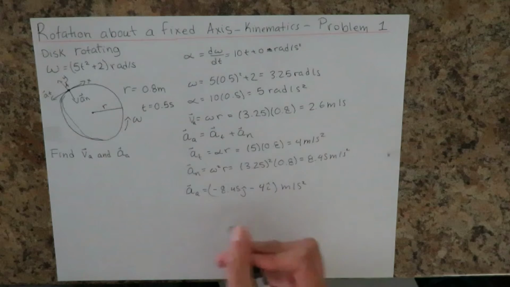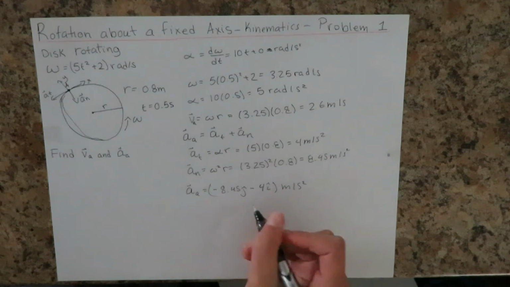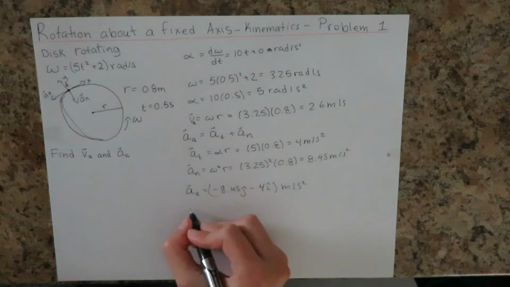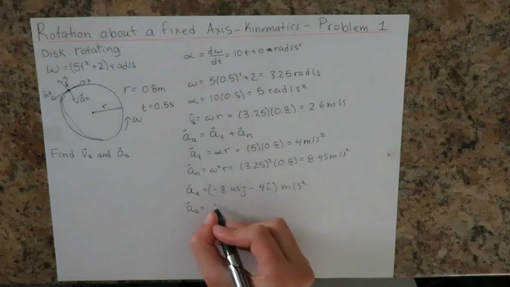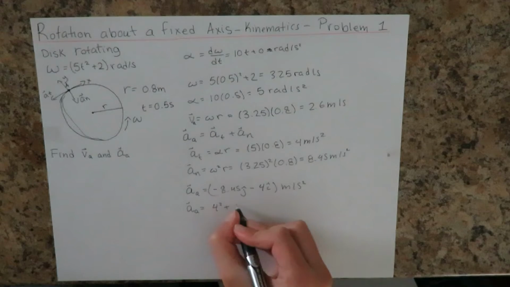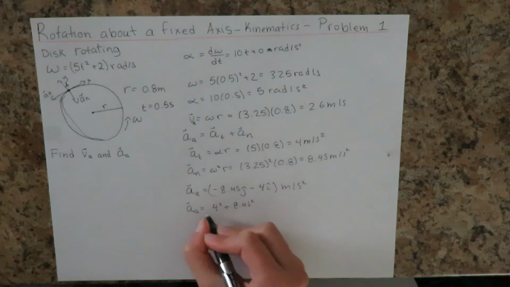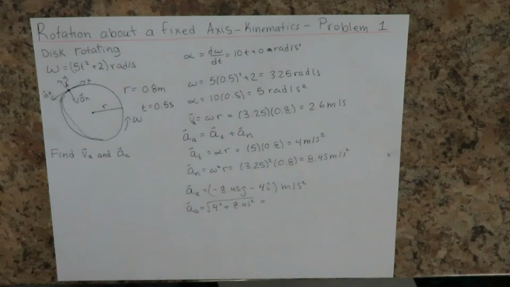We could also, instead of defining this in terms of coordinates, just take the magnitude of it, and that would be sufficient for this problem. So we just have the square root of 4 squared plus 8.45 squared. You've probably all taken the magnitude before. And that gives us, oh, I didn't calculate this before.